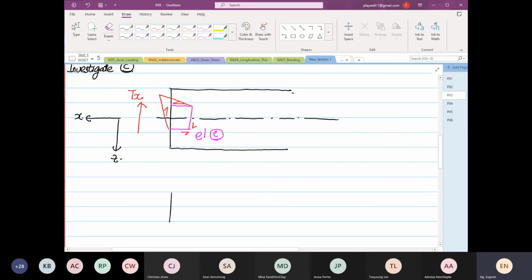Right. I want you to recap. If I draw my element now, for positive shear going this way, the element will deform in this direction. Positive shear. And then for negative shear, the element will do this.